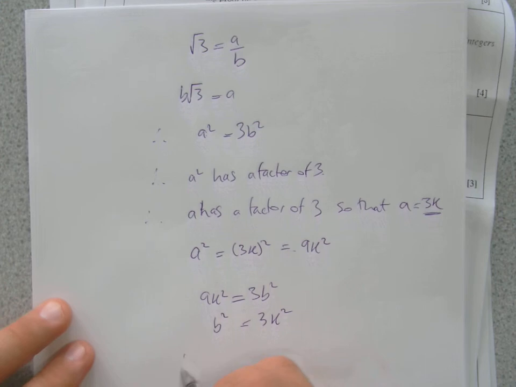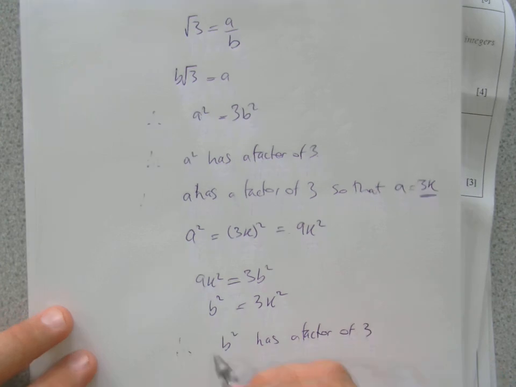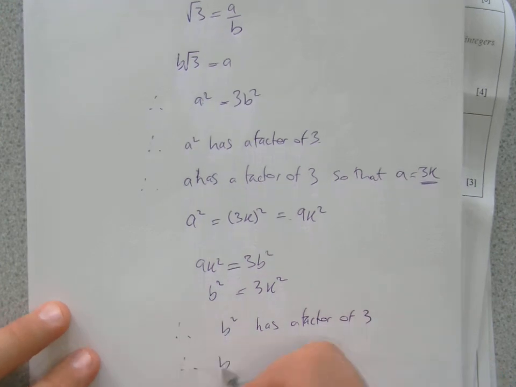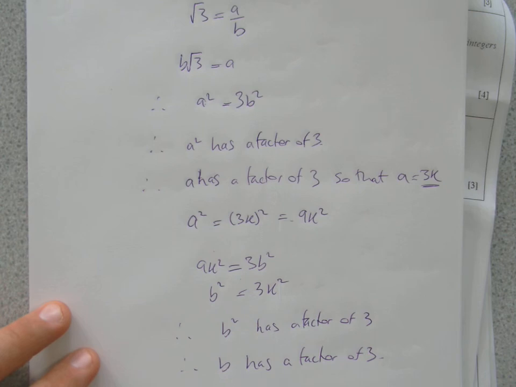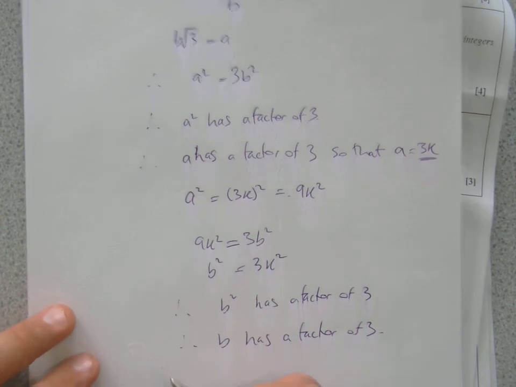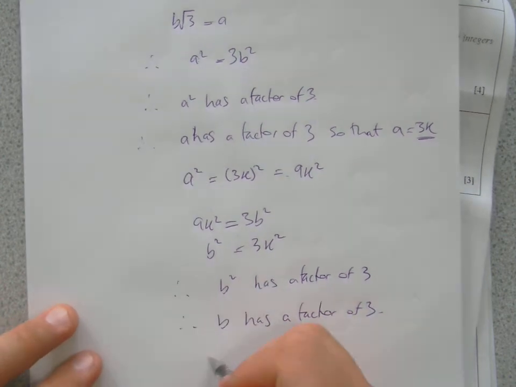Now this means that b squared has a factor of 3. Okay? And if b squared has a factor of 3, well, we can use the same reasoning as they gave us in the first 3 lines: b has a factor of 3. Now how can a have a factor of 3 and b have a factor of 3 if there are no common factors? So it's impossible, right?